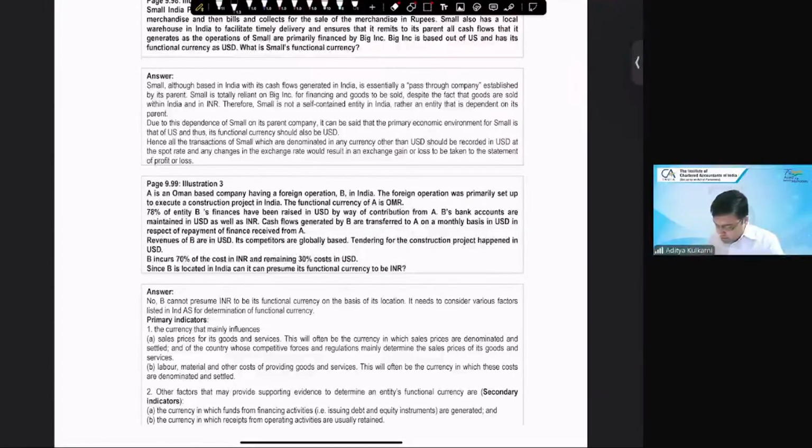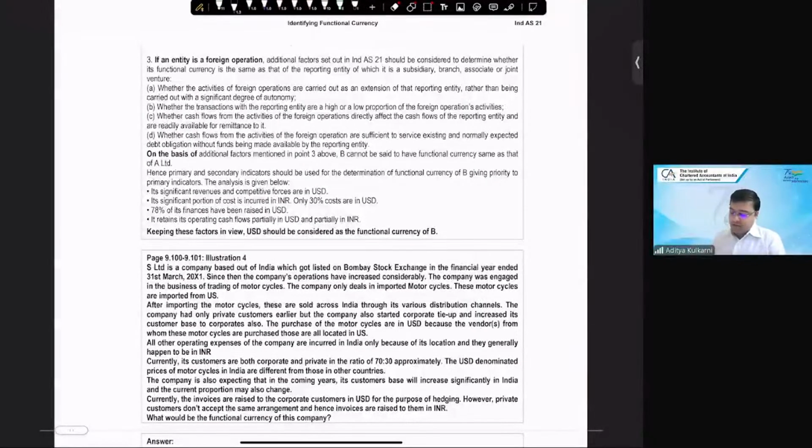So B cannot presume INR as its functional currency. One is you look at primary indicators: indicators which influence the selling price for the goods and services, labor, material, and other costs of providing goods and services. Other factors, that is secondary indicators, are funds from financing activities and in which currency receipts from operating activities are retained. If it is a foreign operation, you will look at these 4-5 conditions.